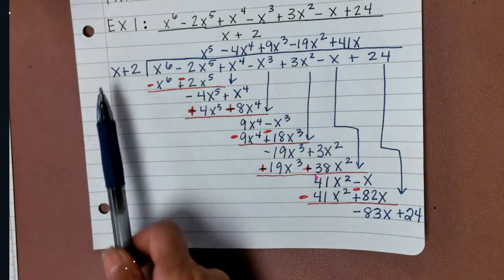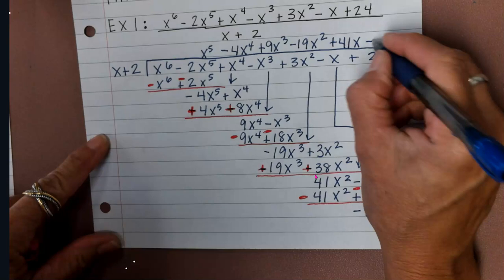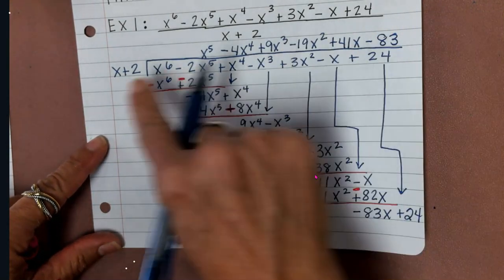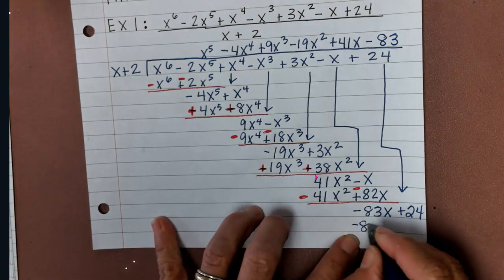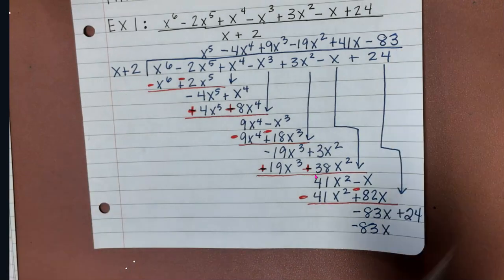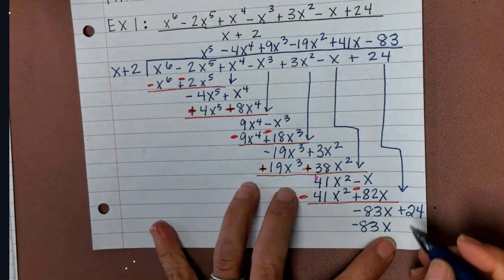So I need an x to look like negative 83x, multiplied by negative 83. Negative 83 times x is negative 83x. Negative 83 times a positive 2. Think about doubling 83 in your head. A positive times a negative is a negative.